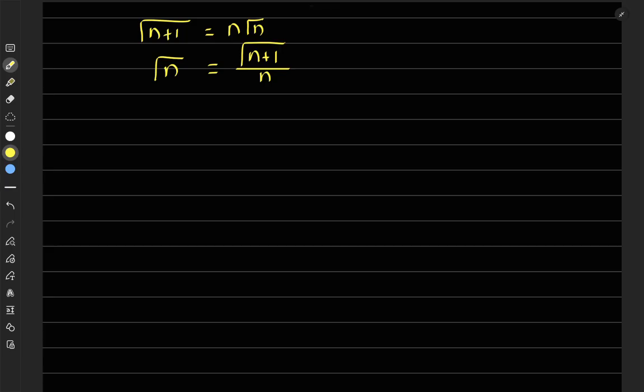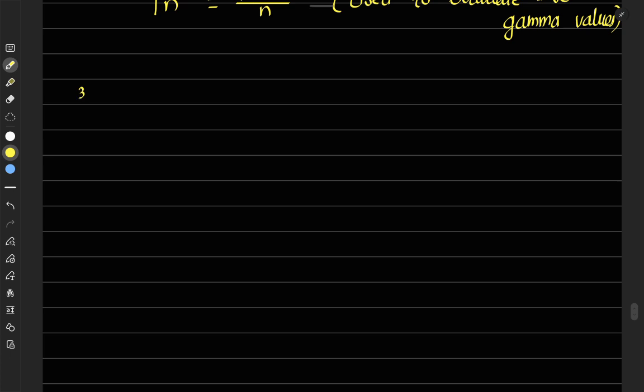So gamma n is equal to gamma of n plus 1 divided by n, and this will be used to evaluate negative gamma values. Let's start with an example. Consider this example: we want to evaluate gamma of minus 3 by 2.